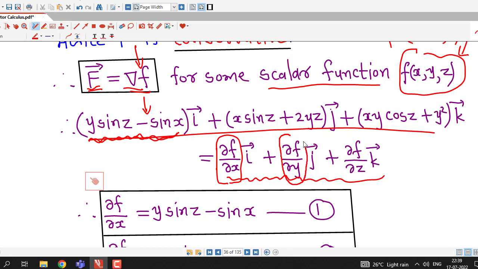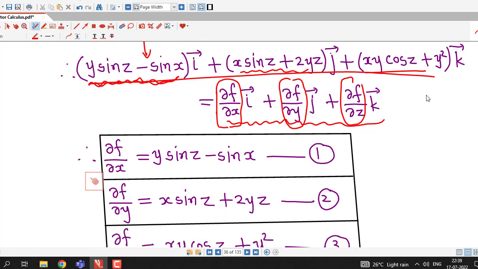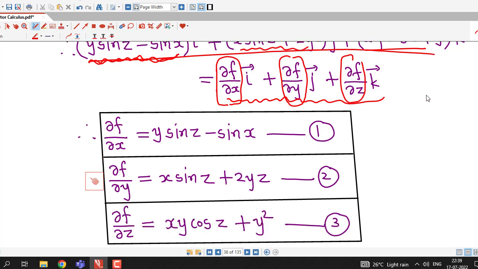Similarly coefficients of j are equal, so we have del f by del y equal to x sin z plus 2yz, and del f by del z will be equal to x y cos z plus y square. So we have obtained partial derivatives of required scalar function f of x, y, z, and using these three partial derivatives we will be able to decide this scalar potential f of x, y, z.